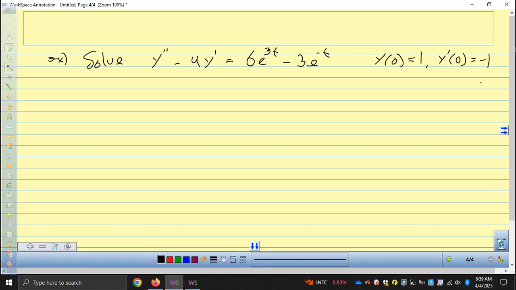If we were not using the Laplace transform here, what method would we choose to solve this? We could use undetermined coefficients on this part. But on this part, could we use undetermined coefficients? Yeah, I think we can. Undetermined coefficients on these exponential functions, that wouldn't be too bad, would it?